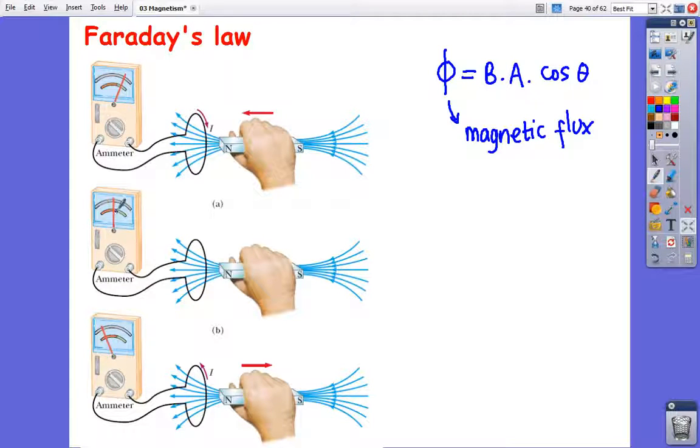Normally it will stay like this. So when we move this magnet bar toward the loop, it will create current. It is called induced current, and it is creating EMF inside the loop, or electromotive force.